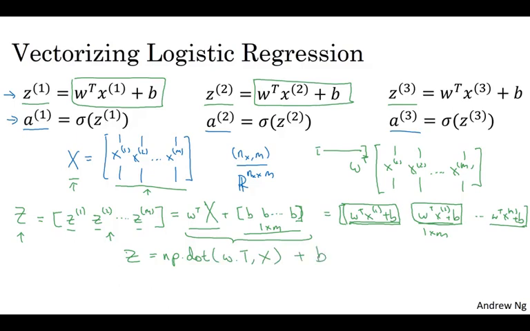Now, there is a subtlety in Python, which is that here, b is a real number, or if you want, a 1-by-1 matrix, so it's just a normal real number. But when you add this vector to this real number, Python automatically takes this real number b and expands it out to this 1-by-m row vector.